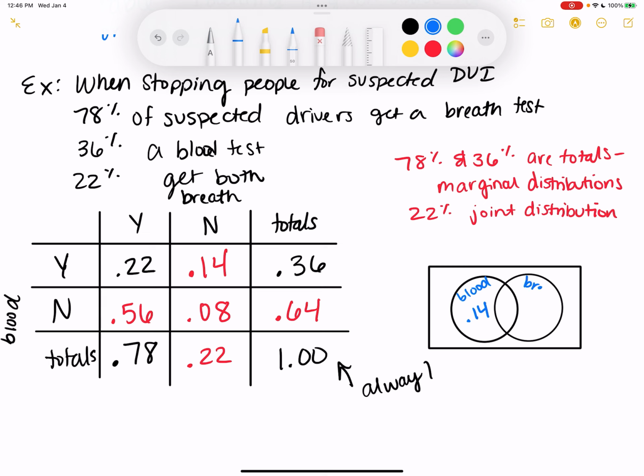For breath, that would be yes for breath, but no for blood, so that's the 0.56. And then the overlap in the middle, that was given to us to begin with, of 0.22, and then everything that was left over goes outside, meaning neither.